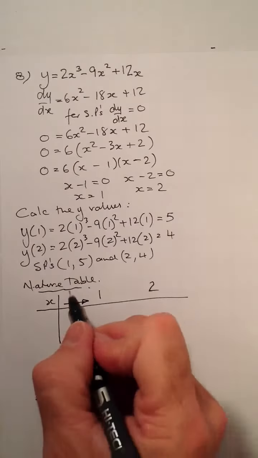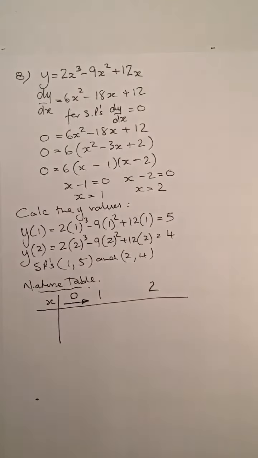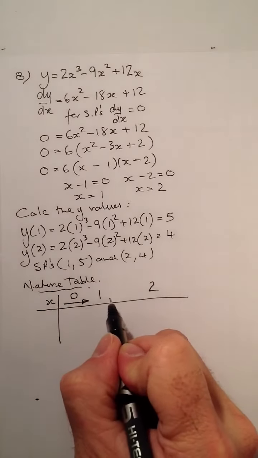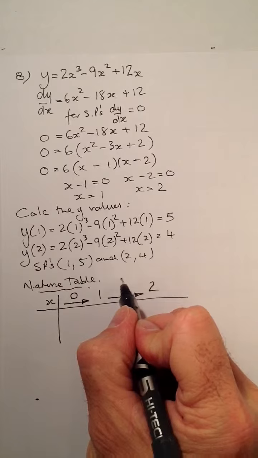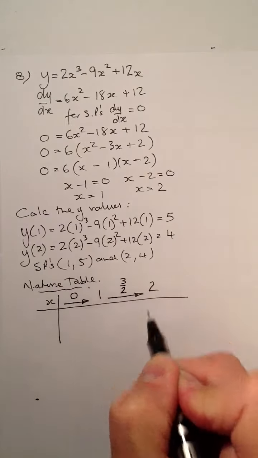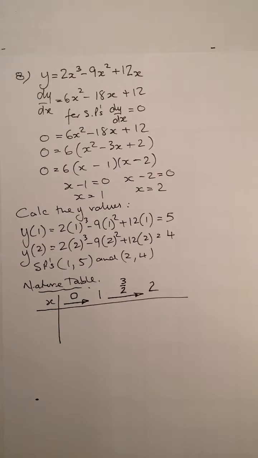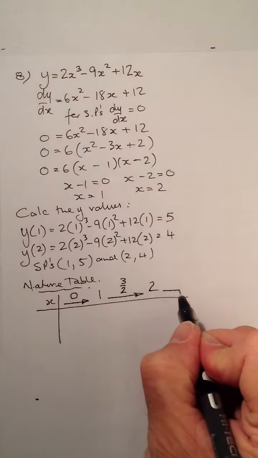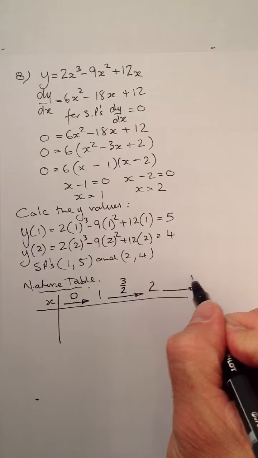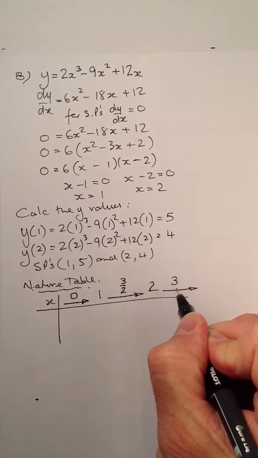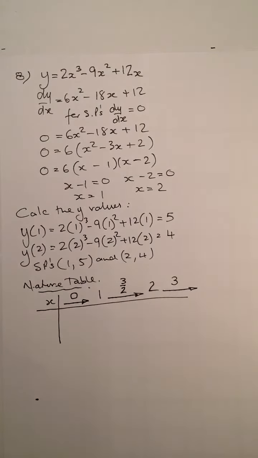So I need to use a value that's to the left of 1, which is 0. I need a value in between 1 and 2, so I could use a fraction like 3 upon 2 or 1.5. And I want to know what the gradient's like when it leaves that point, so I could use 3, or 4, 5, whichever number I find would be quite easy to work with.